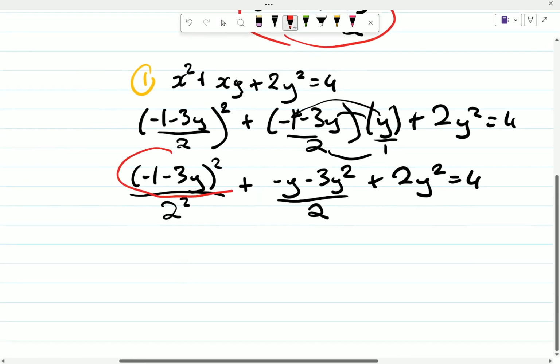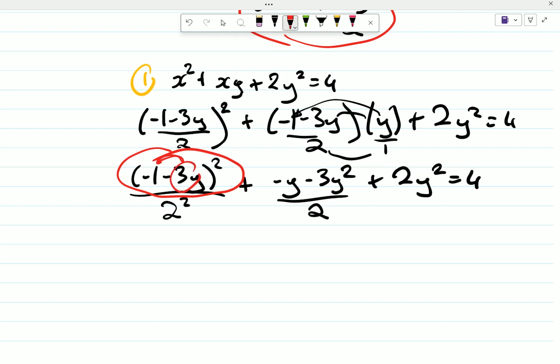Now another trick for squaring anything is square the first number, add 2 times the numbers multiplied together, and square the last number. I'll maybe use some colors to show this. So square the first, that's minus 1 squared, include the sign.